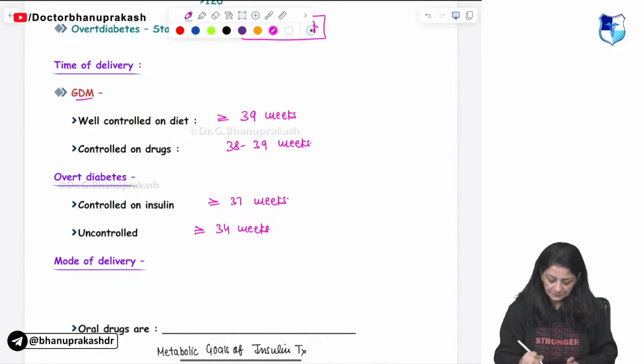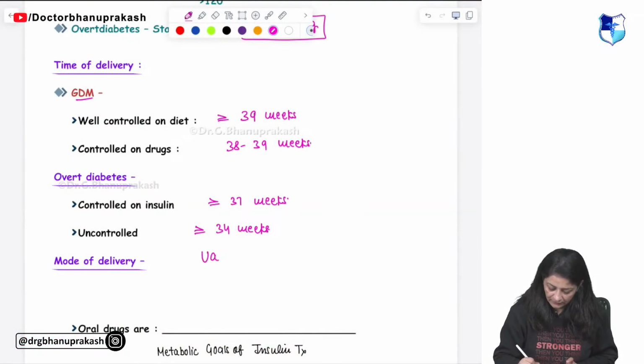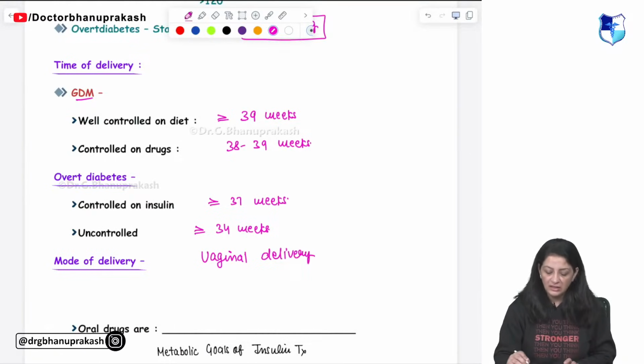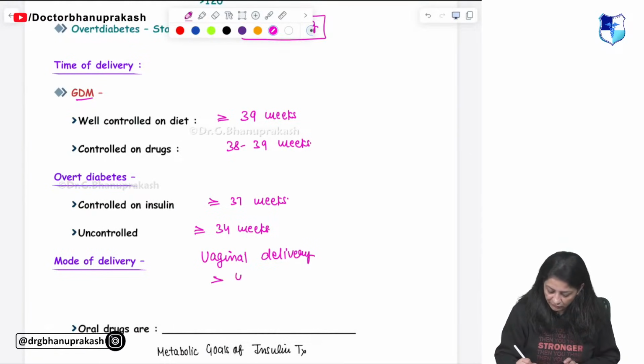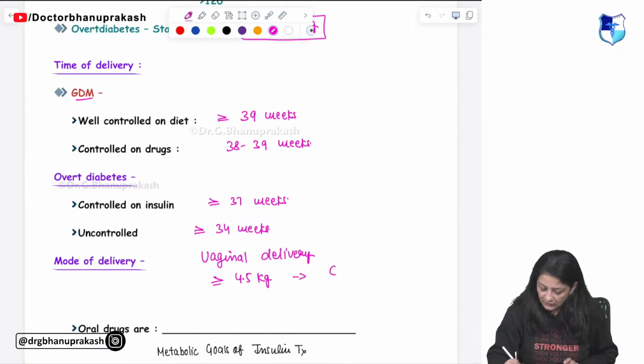Mode of delivery, preferably vaginal delivery. If the weight of the fetus is more than 4.5 kg, macrosomia, then cesarean section.